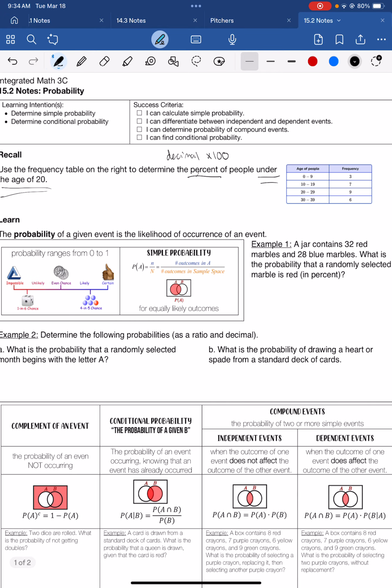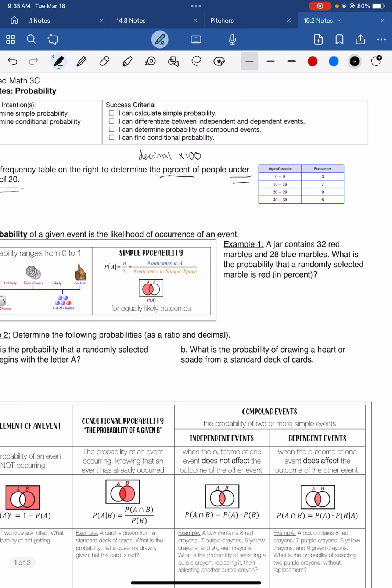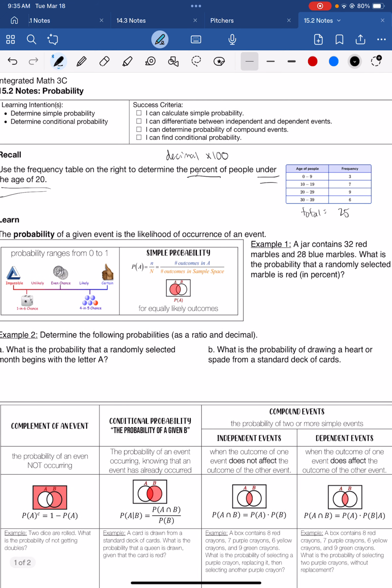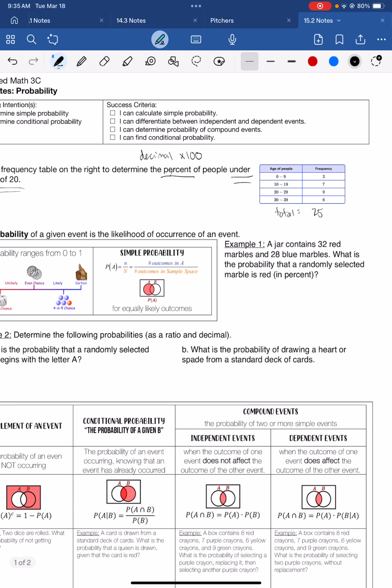So if we look over at this table first, we want to check out the total number of people involved, and that's going to be 9 plus 6 is 15 plus 10 is 25 total people. Under the age of 20 would be this section right here and this section right here, because this is ages 0 to 9 and this is 10 to 19.